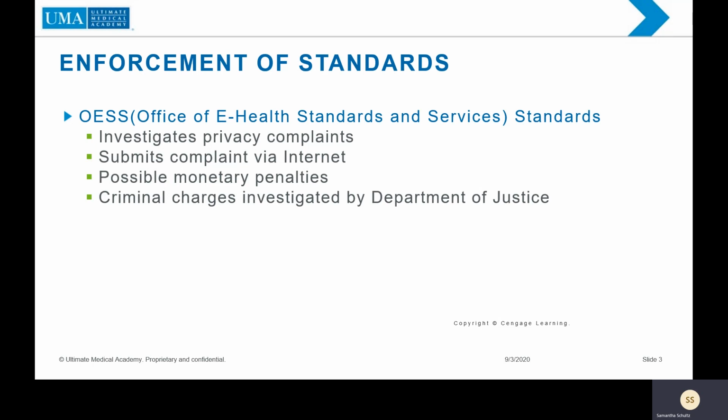Any kind of transmission of information electronically, they all have these transaction codes, and they have to be up to these standards to protect the patient's information. You can look at the eligibility for the health plan, premium payments, and any kind of referral certifications. These are covered under the electronic data interchange while forming these codes or transaction codes and set standards.